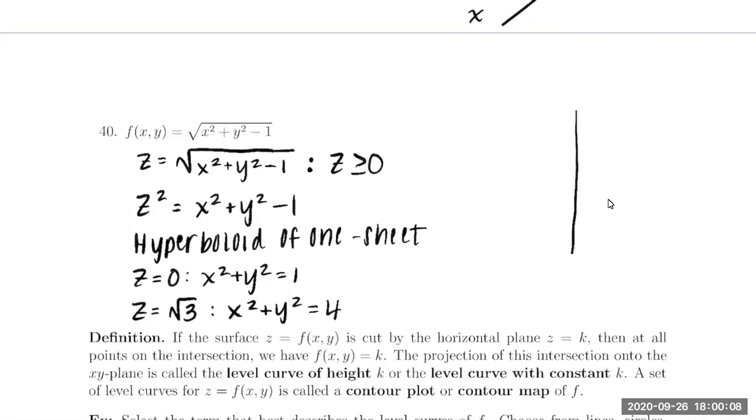Remember, I only want half of the hyperboloid. I only want non-negative z values. And so on the z equals 0 plane, I want a unit circle.